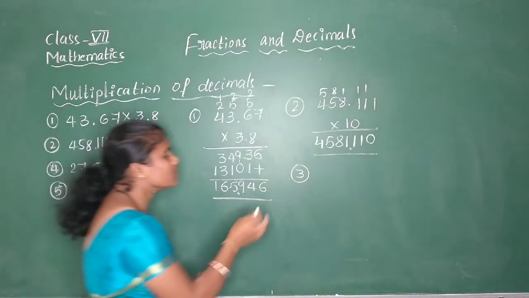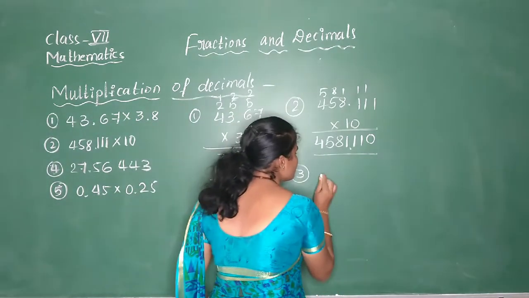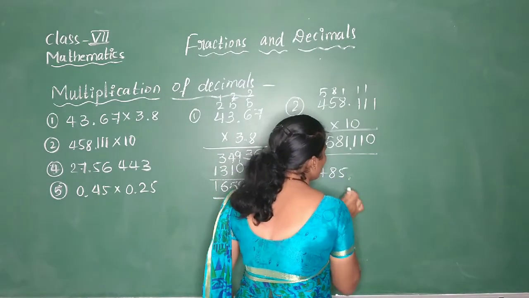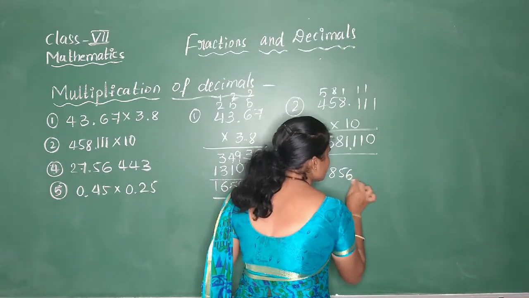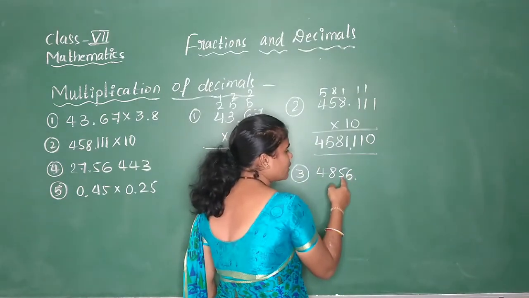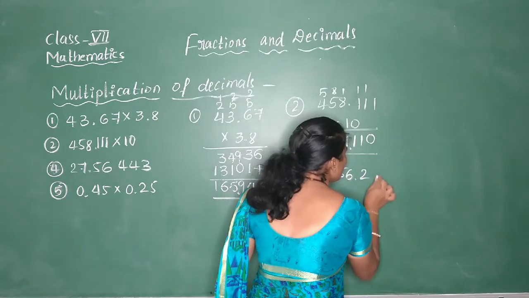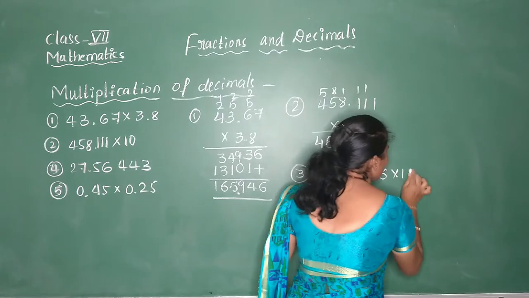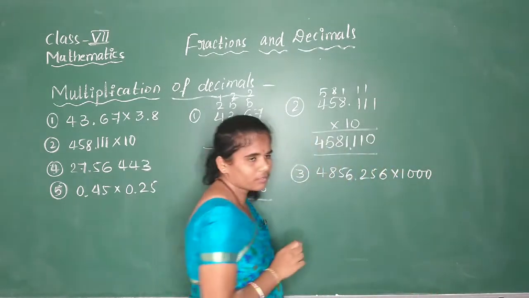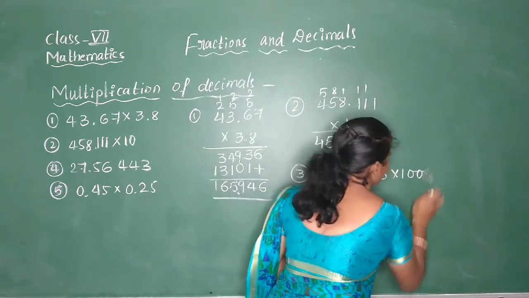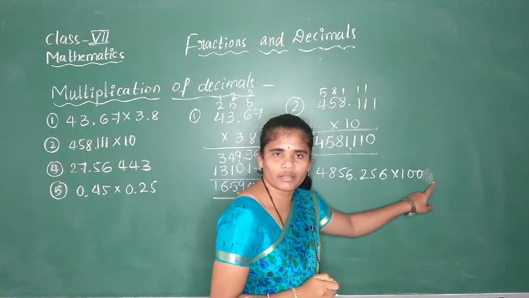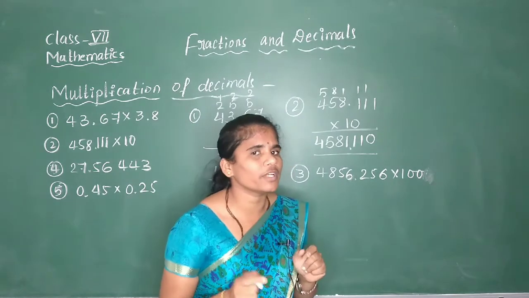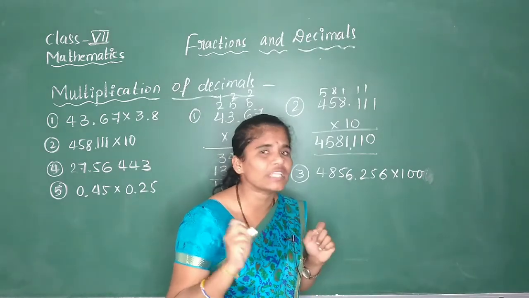Here the third example you take as 458.256 into 1000. Here into 100 you make first, into 100. I will show you one in the first main of 2.5, where you can find the calculation easily.